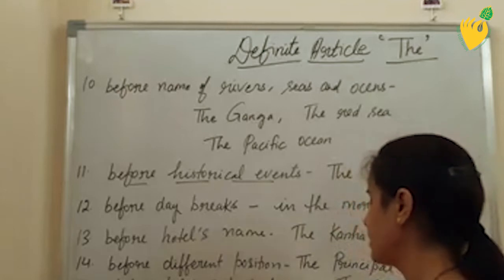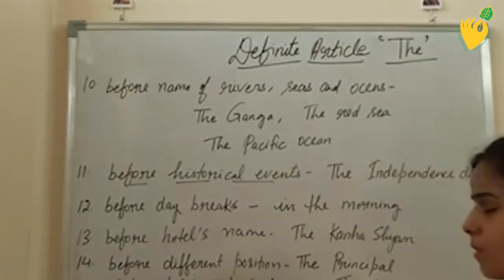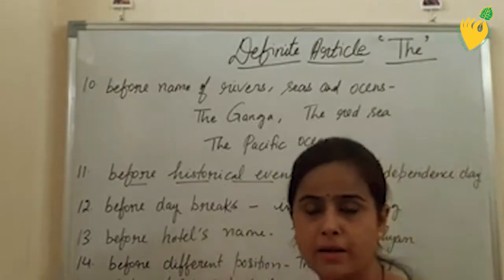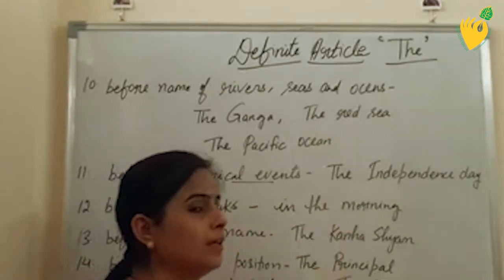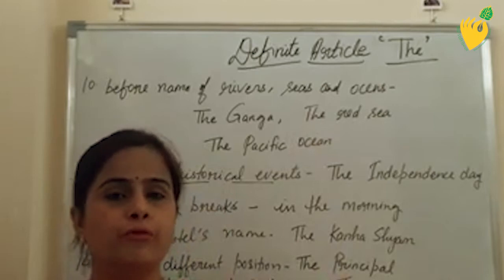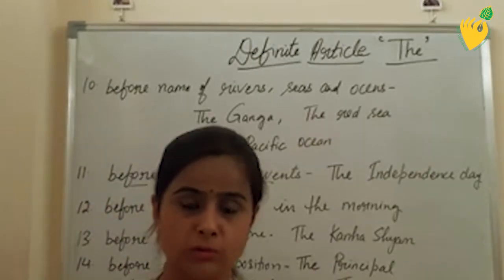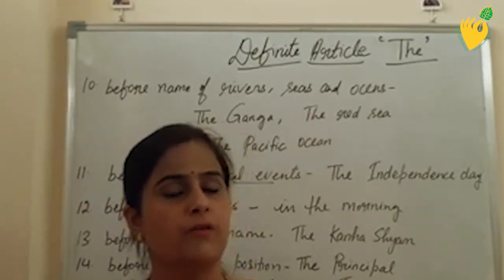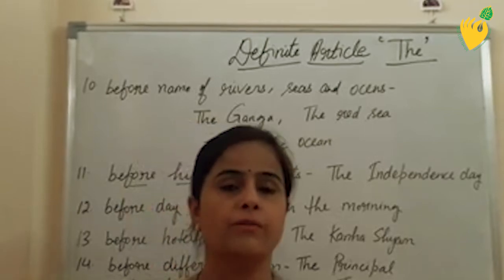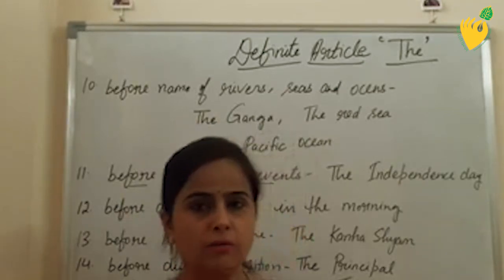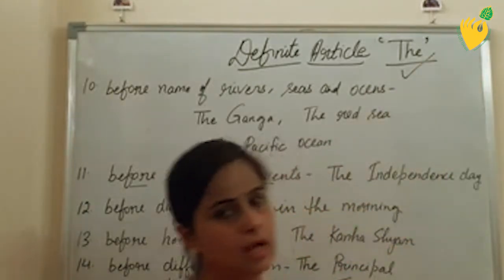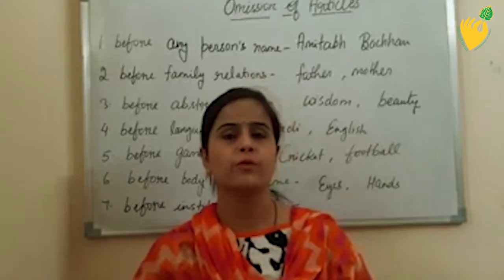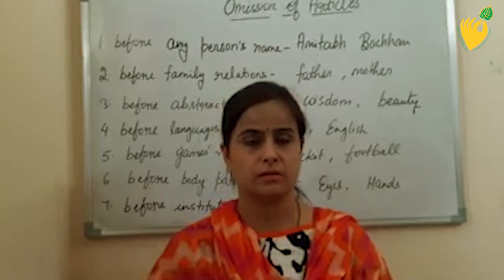Before political party names, for example, the Congress, the Bharatiya Janata Party. So students, in short, what we have observed is that we use the before a noun that is particular. If you are talking about any specific noun, then we use the before that noun.